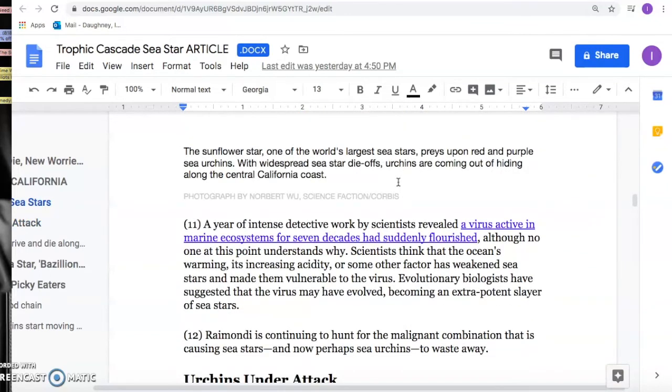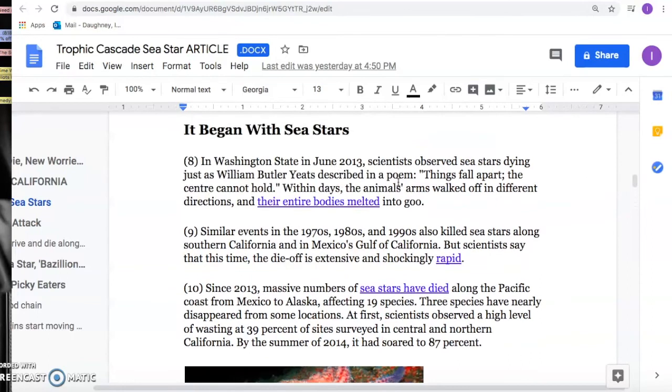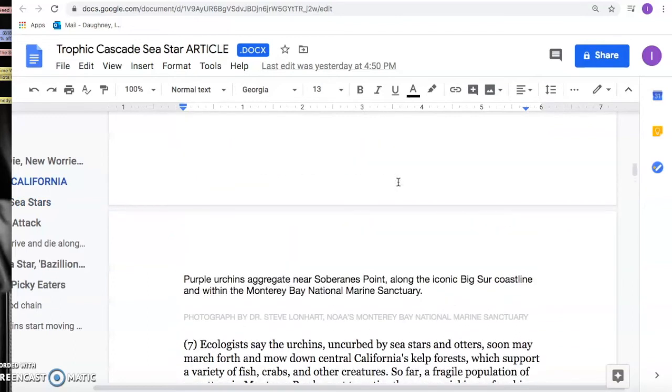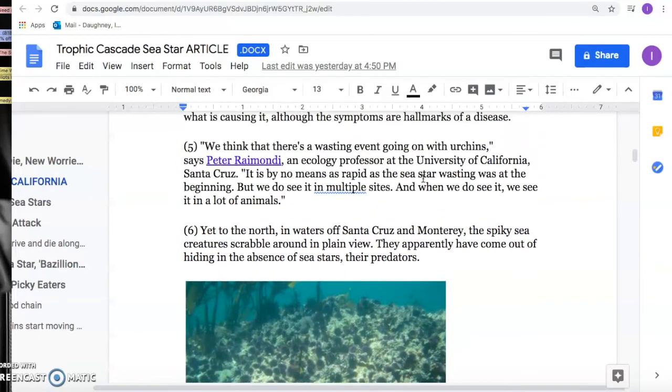Okay? So let's look through this. Let's find where we know that there's too many sea urchins. Okay? Here's a picture, blanketed with sea urchins. So they apparently have come out of hiding in the absence of sea stars. They're predators. Okay?